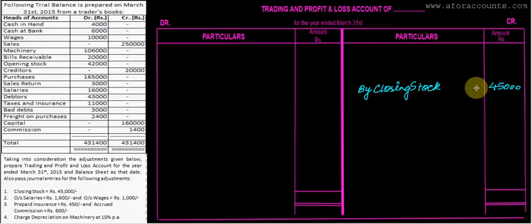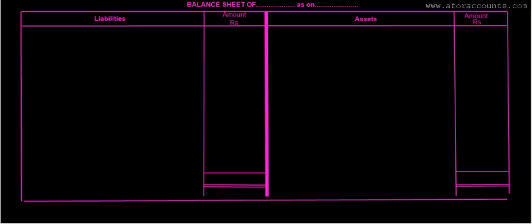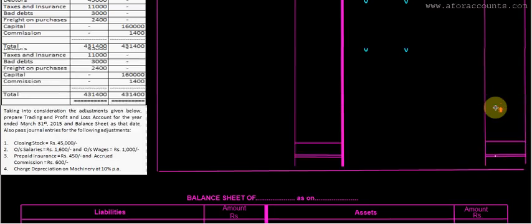It will form part of your current assets in your balance sheet. So what am I doing? Taking the balance sheet, and for current assets I am just writing here closing stock. How much is the closing stock? 45,000. One adjustment entry is done.